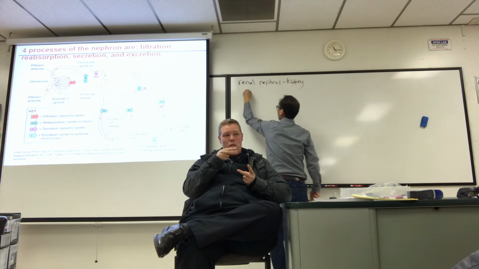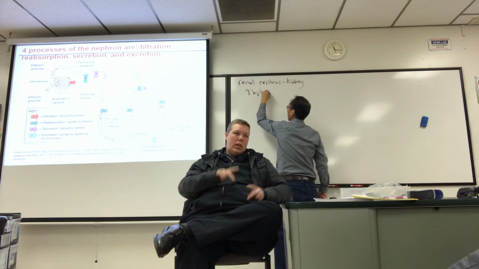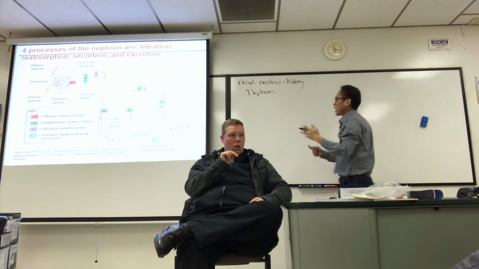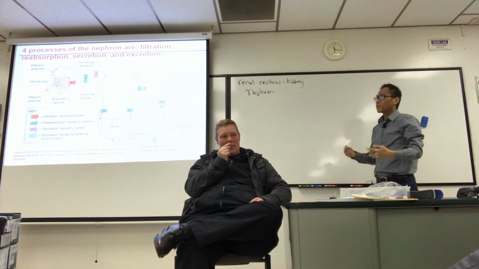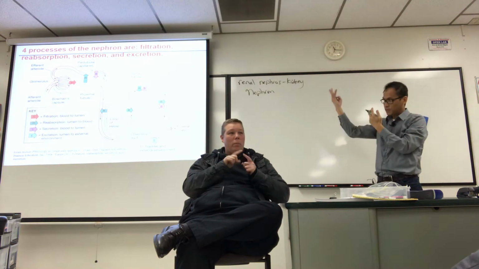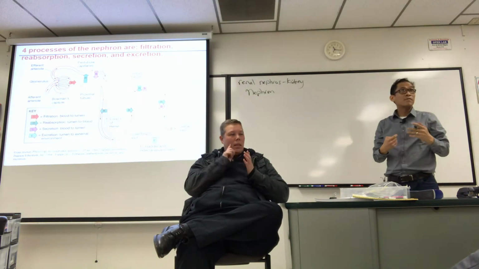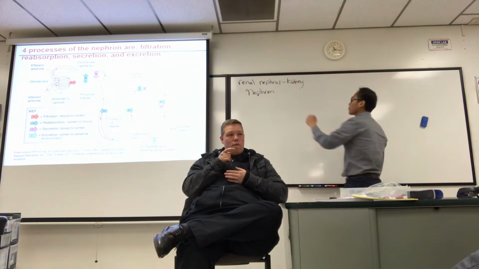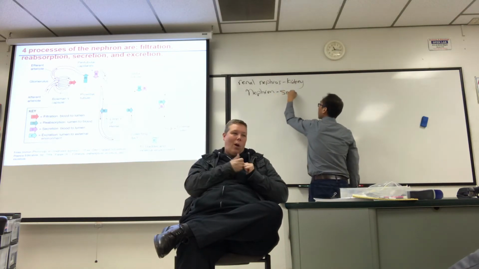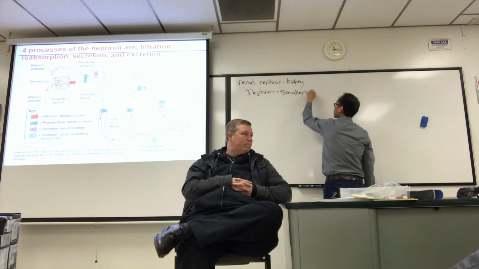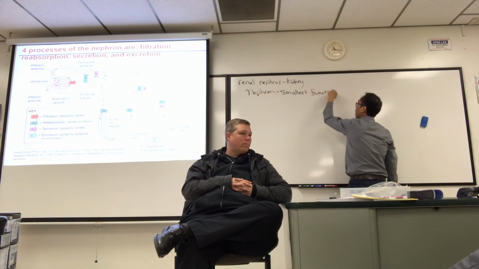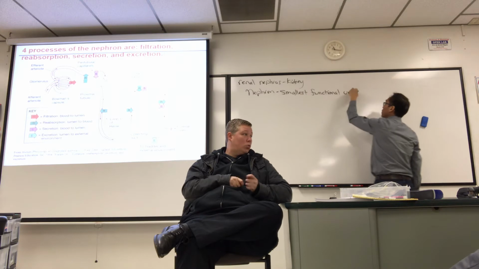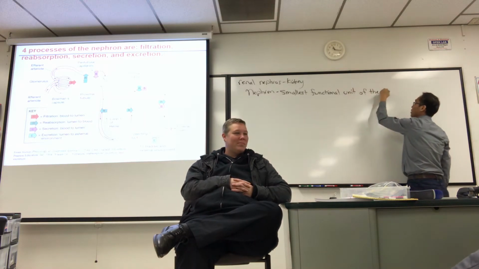So the term nephron, one's Latin, one's Greek. I can't remember what's what, but nephron refers to this smallest functional unit of the kidney. So if you just study the nephron, you basically know how the whole kidney works. Smallest functional unit of the kidney.